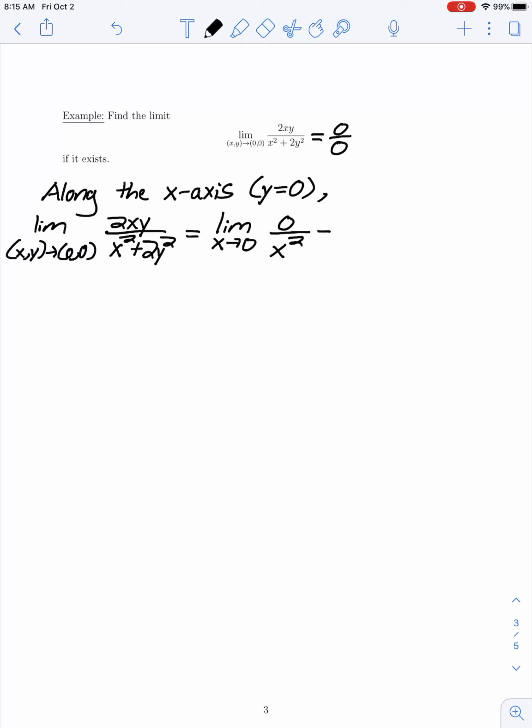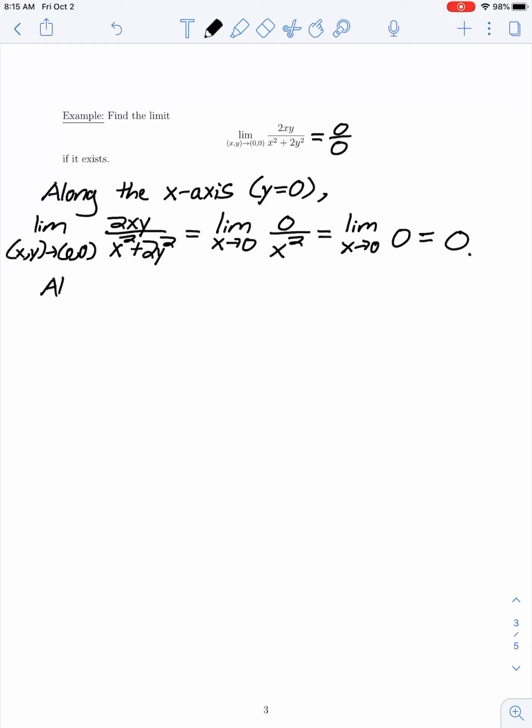Now, as long as x is not equal to 0, which it is not because we're only taking a limit as x approaches 0, then 0 divided by x squared will always be 0. So I'm left with the limit of a constant value, which is equal to that constant, in this case 0.